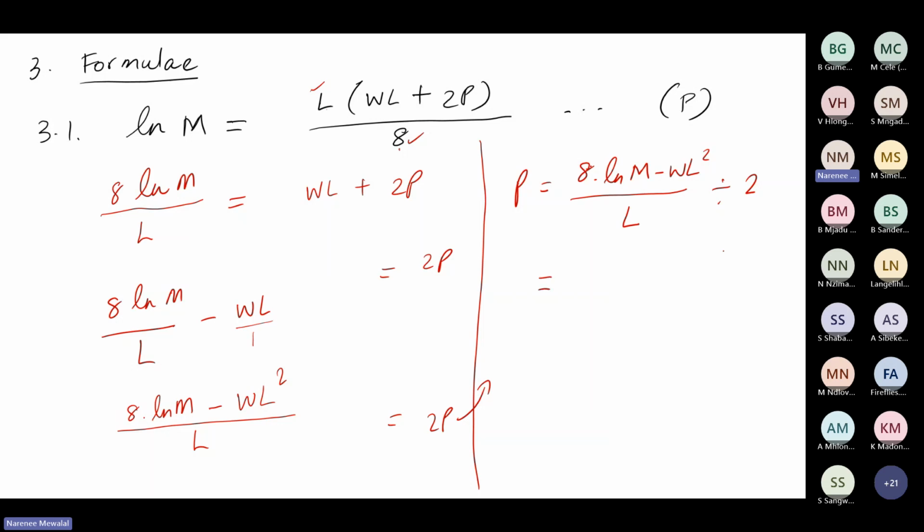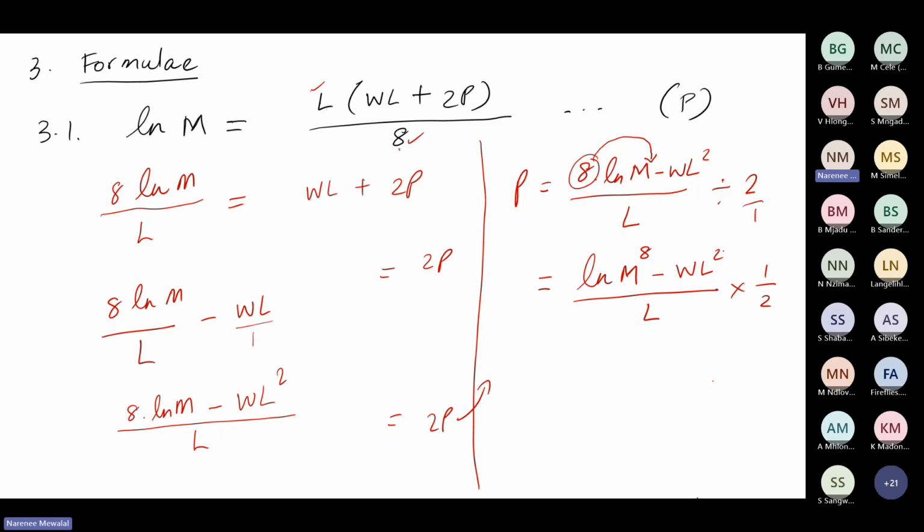But dividing by 2 is the same thing as multiplying by half. And by the way, another thing that you can do is to move this 8 to the power of M here. So that's also a possibility. So you could write this as ln of M to the power 8 minus WL squared over L times 1/2. Because remember, you were dividing by 2/1.